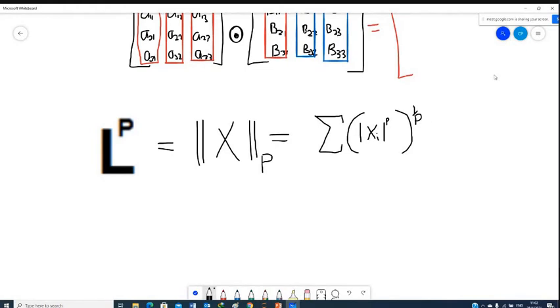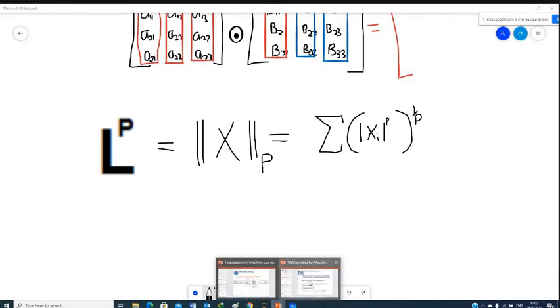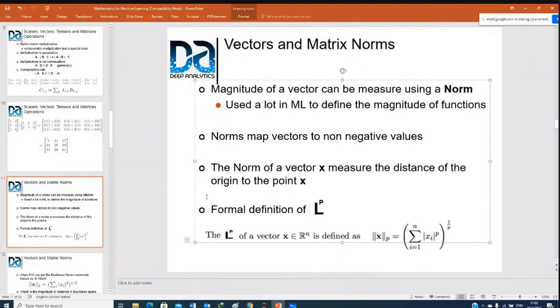So this is called the Lp norm of a vector. We'll get into the details and explain what that means. The Lp norm of a vector x, an element of the real numbers, is defined as this.